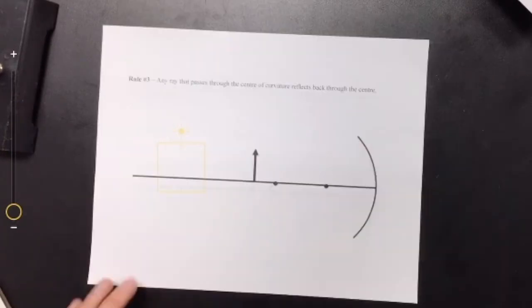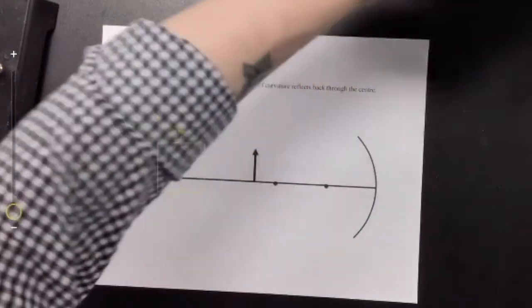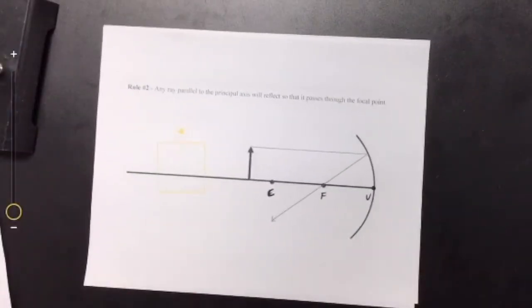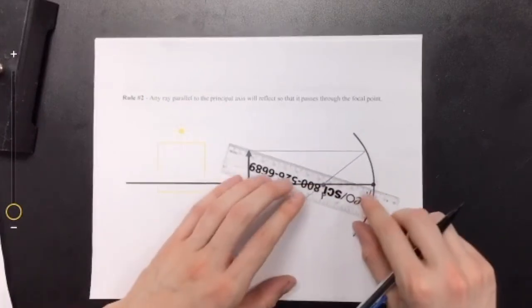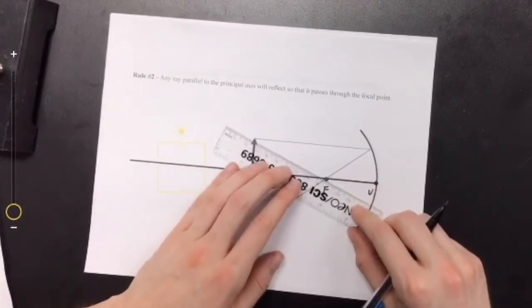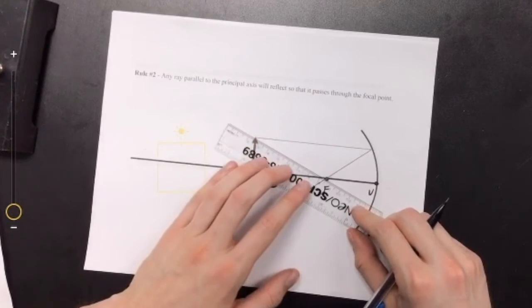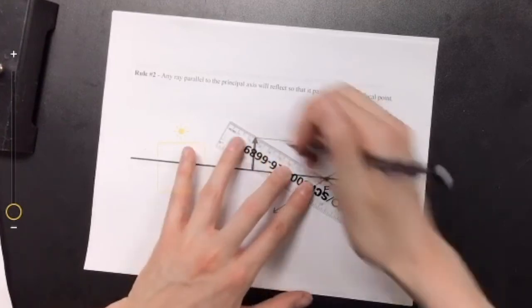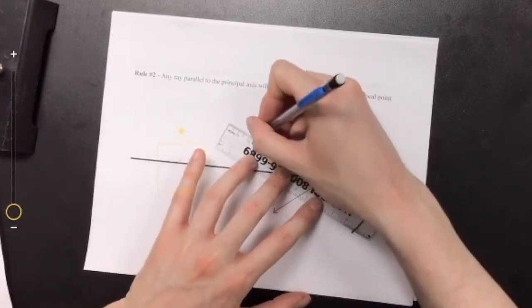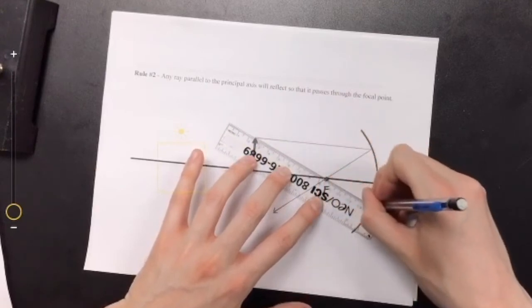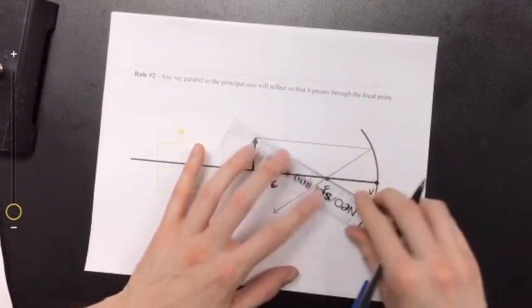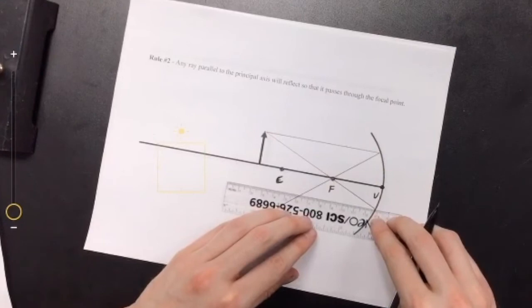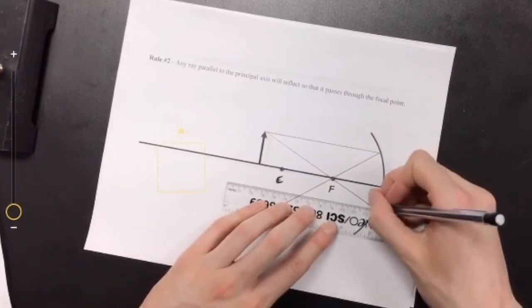That's rule 2. Truthfully, guys, want to know something? We can actually already find where our image would be. So I'm just going to do rule 1 on the same diagram and show you what I mean. Rule 1 was anything that goes through the focal point will reflect parallel to the principal axis.